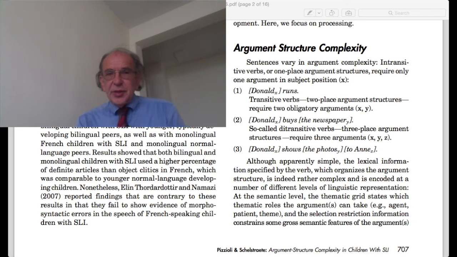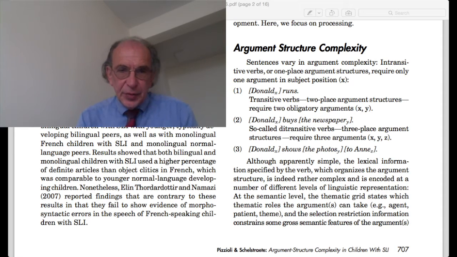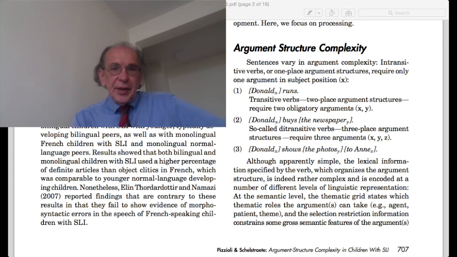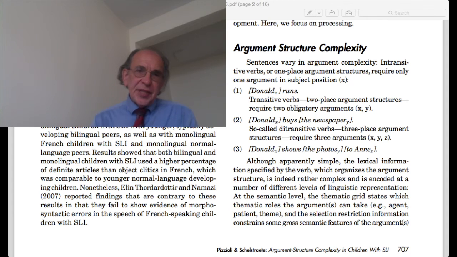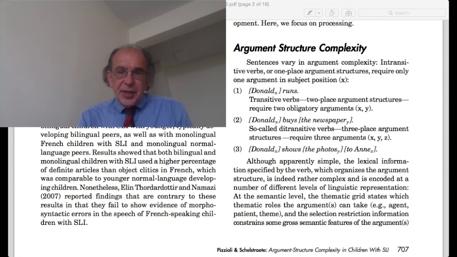Now, how they ultimately operationalize it, the authors explain, is that they come up with a list of sentences to present to the children that have these qualities to them. Following me?